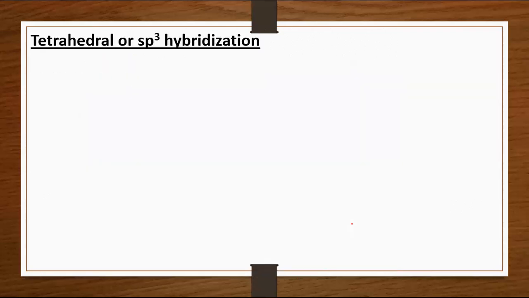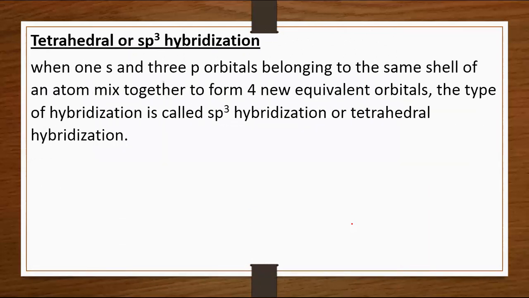Now tetrahedral or sp3 hybridization: when one s and three p orbitals belonging to the same shell of an atom mix together to form four new equivalent orbitals, the type of hybridization is called sp3 hybridization or tetrahedral hybridization.